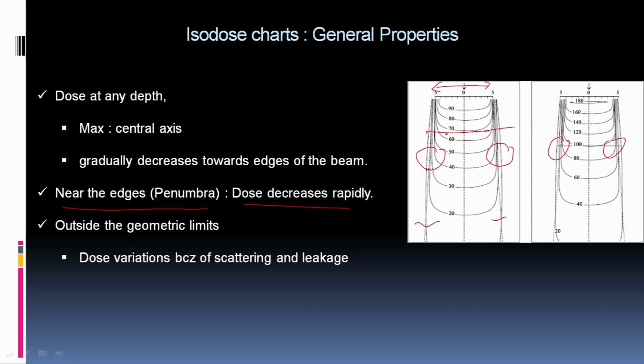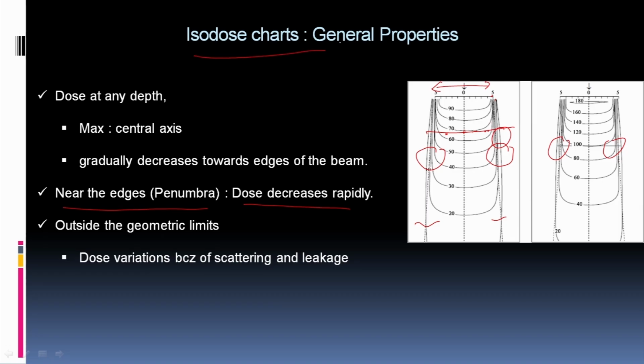Outside the geometric limit there will also be dose, and these dose variations are because of scattering and because of leakage of the collimation system. These are actually the properties of the isodose chart.